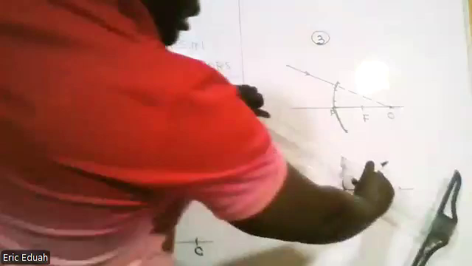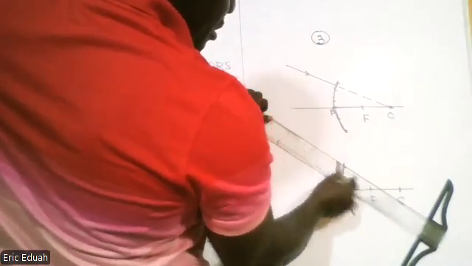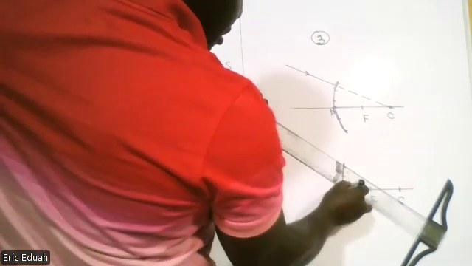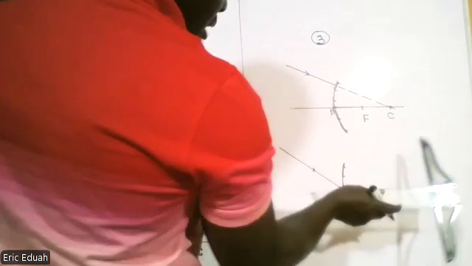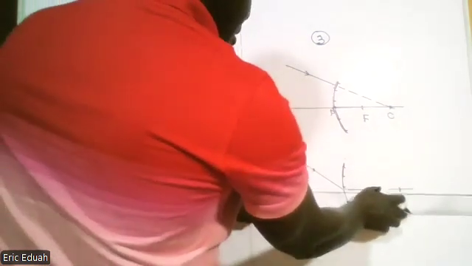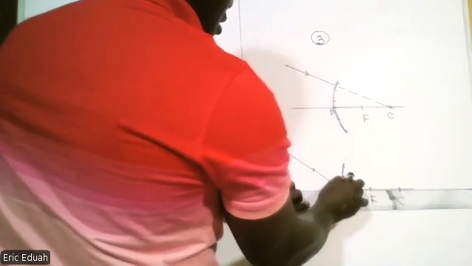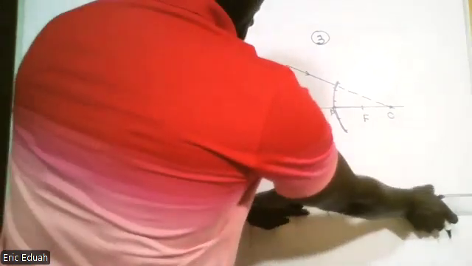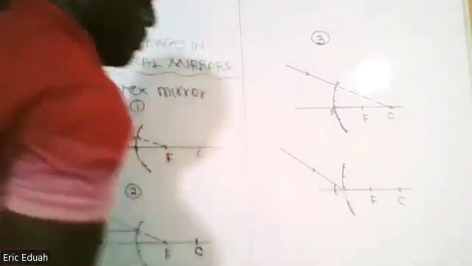So when the ray hits the pole of the mirror, it must reflect at the same symmetry.